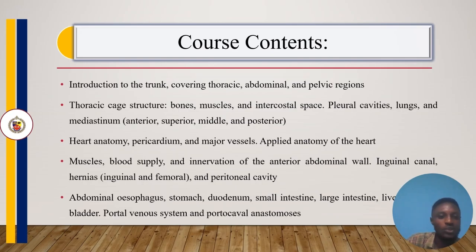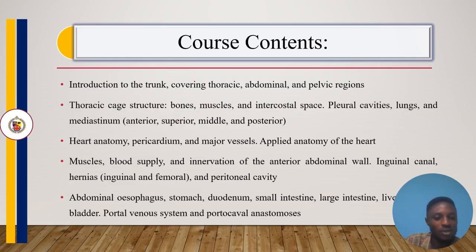These are the course contents we'll be looking at: introduction to the trunk, which covers the thoracic, abdominal, and pelvic regions; thoracic cage structure, bones, muscles, and intercostal space; pleural cavities, lungs, and the mediastinum, which includes the anterior, superior, middle, and posterior. We also have the heart anatomy, pericardium, and major vessels; applied anatomy of the heart; muscles, blood supply, and innervation of the anterior abdominal wall; inguinal canal; hernias, which include the inguinal and femoral; and the peritoneal cavity.